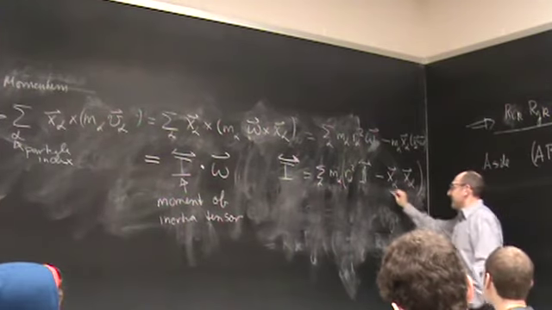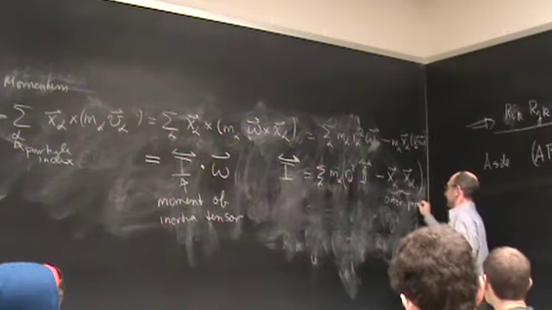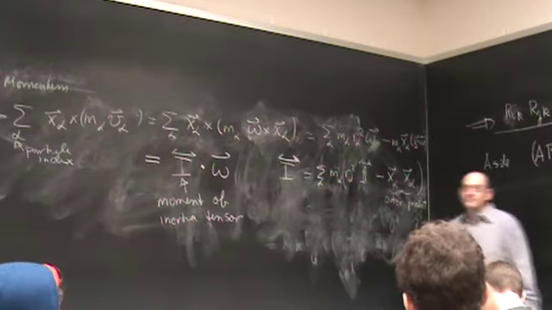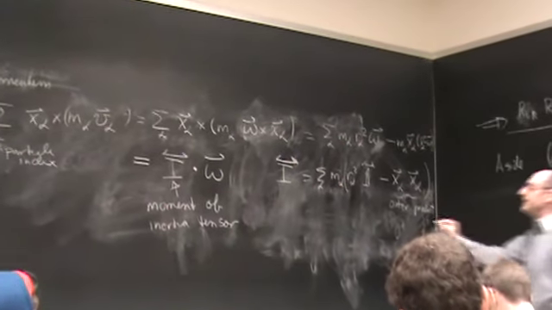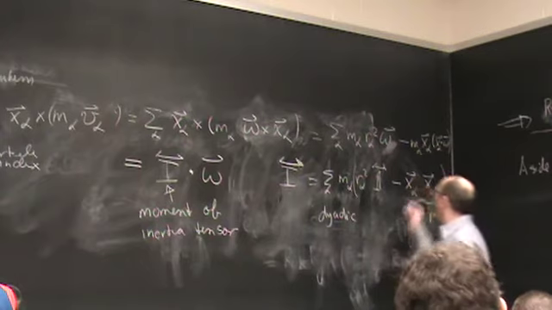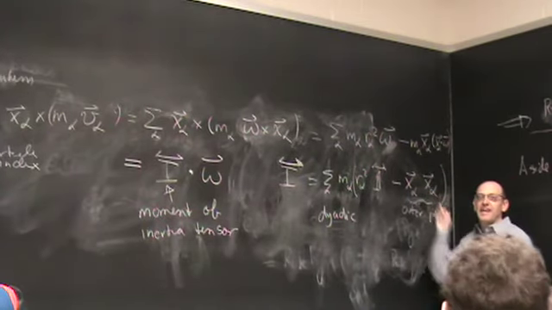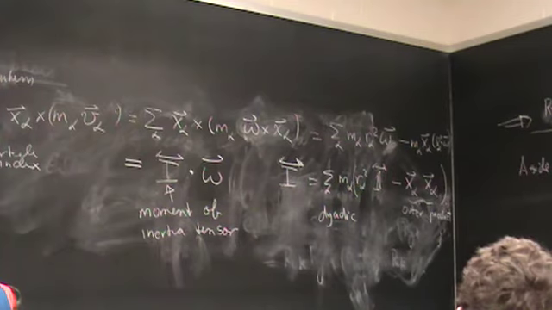The outer product. So this is what's called dyadic notation, where if I just write vectors next to one another, they become a tensor.